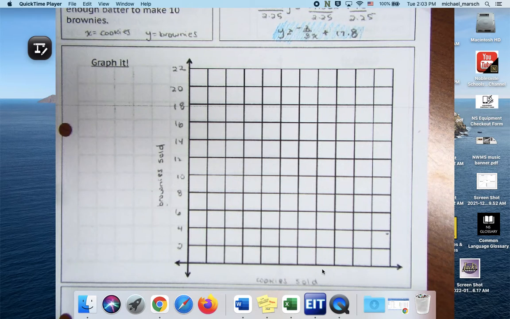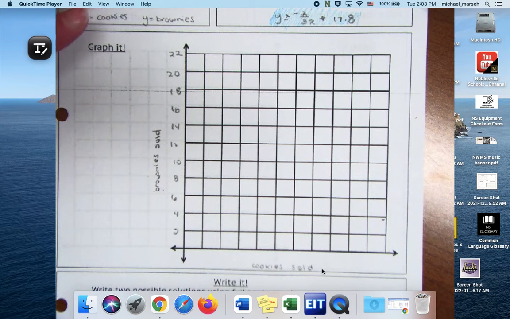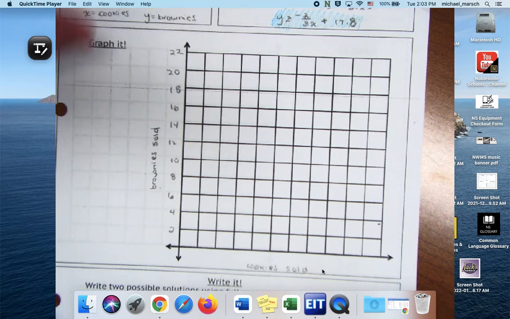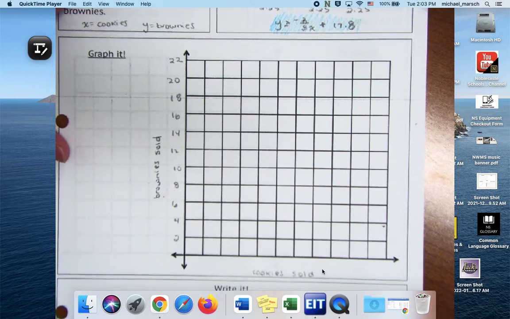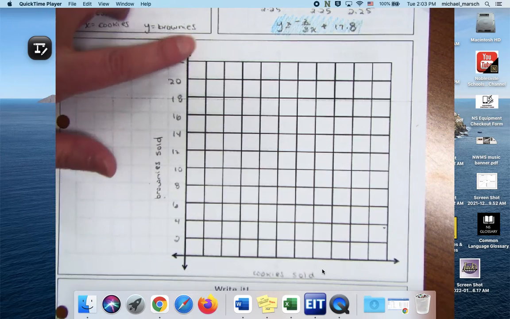How about for our x-axis? What do you think we should go by for our x-axis? Go by 2's again? Let's look at our slope. Our slope is -2/3. So that could help us to make it a little bit easier. These are going by 2's.